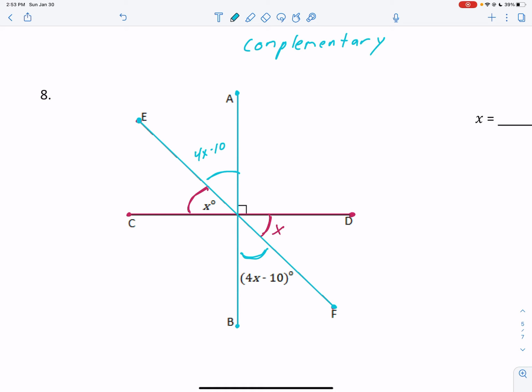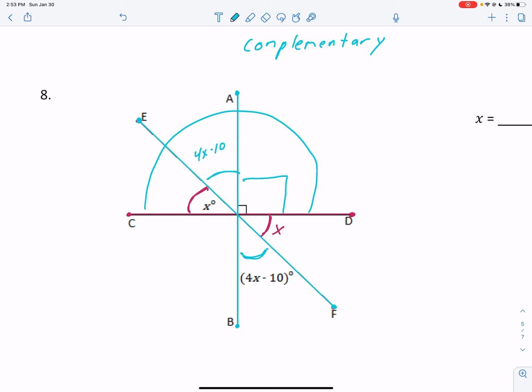Now you can still use supplementary angles in this case, but notice this right here forms a 90-degree angle, which means that this one right here has to be a 90-degree angle. I know that this one's split into two angles, but this whole thing has to be 90 degrees, because if you were to go from here to there, you've got to equal 180 degrees.